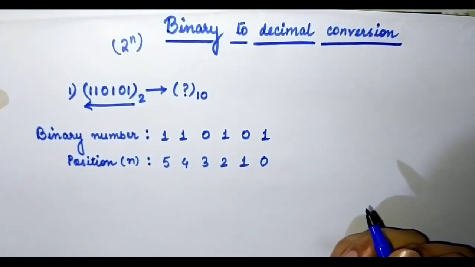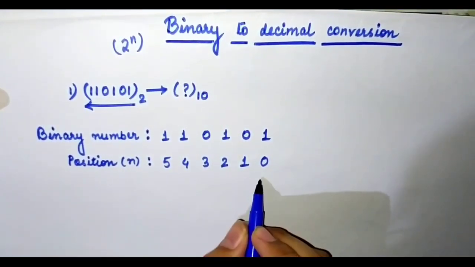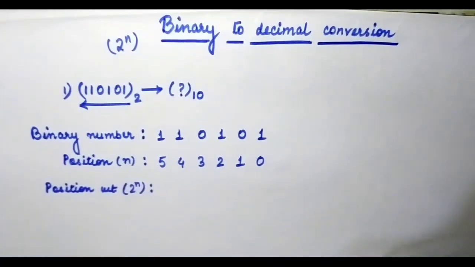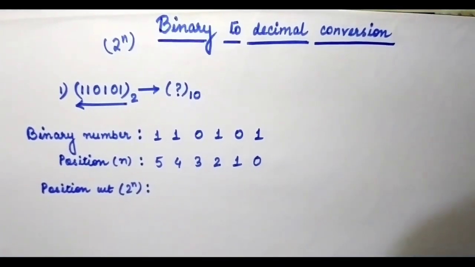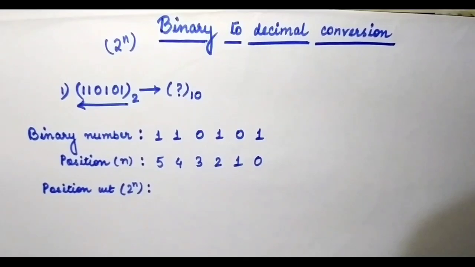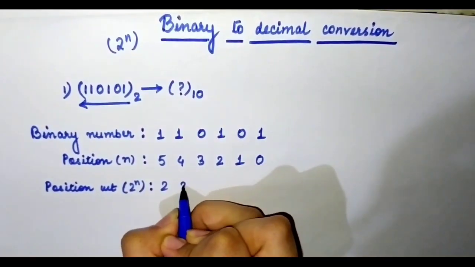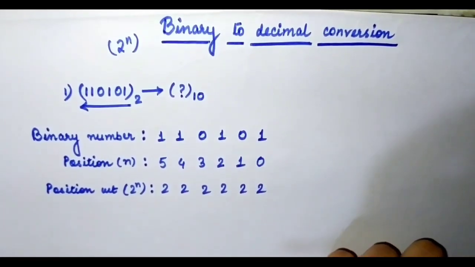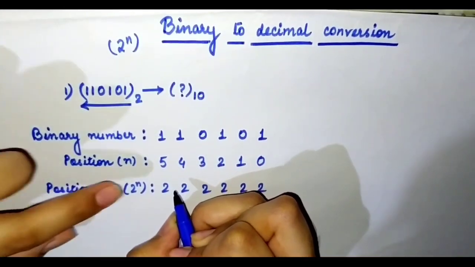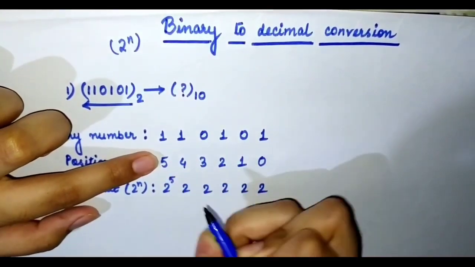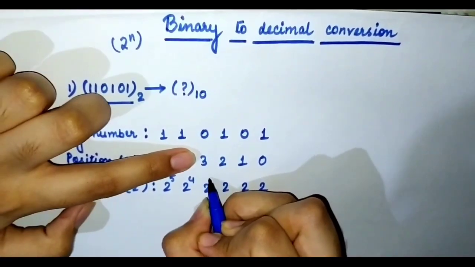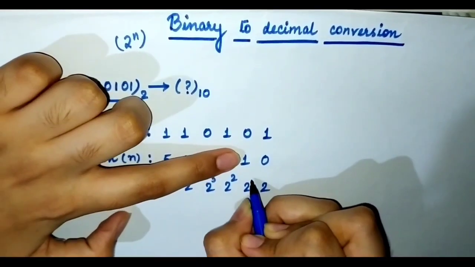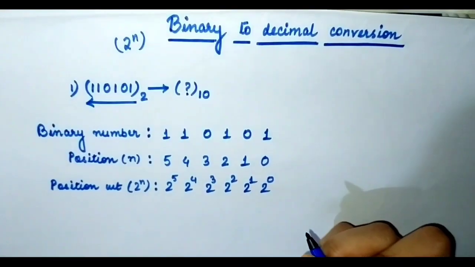Now, I'm going to write the position weights beneath it. So, firstly, I'll write all the 2's and then n. So, 2, 2, 2, 2, 2, 2. Now, n. So 5, 4, 3, 2, 1 and 0.